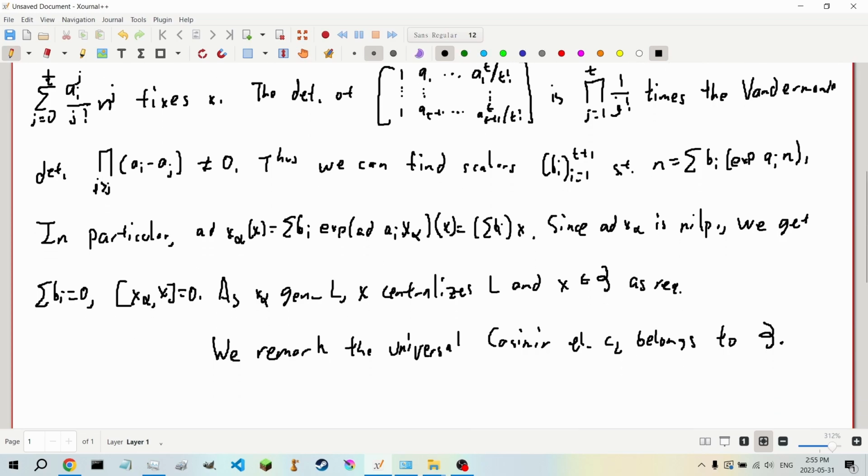Now our next topic is how this thing is going to act on our Z lambda from before. So v plus is a maximal vector of Z of lambda and z belongs to this thing.